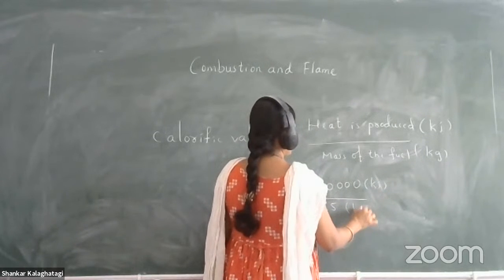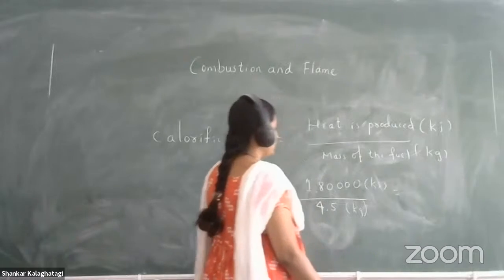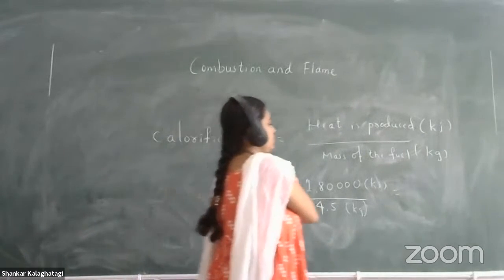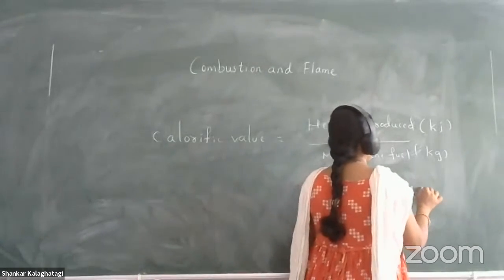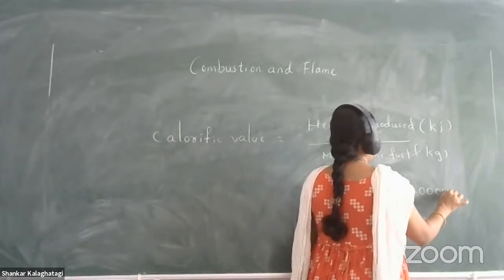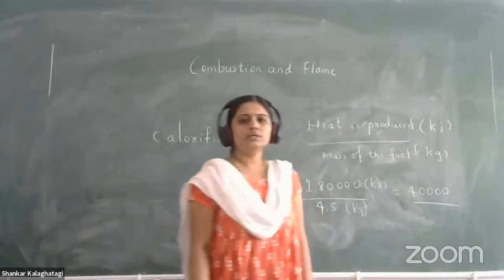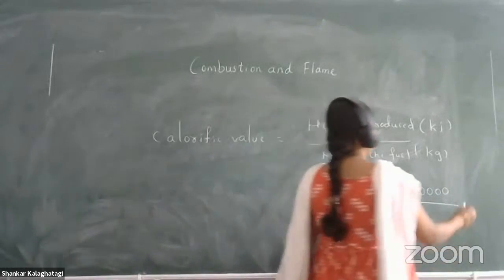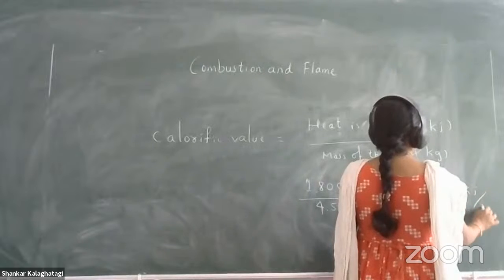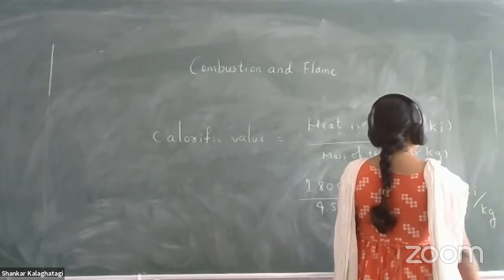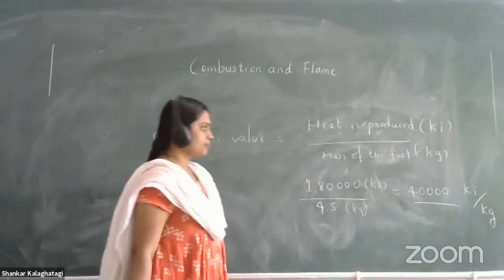So what answer do we get, students? 40,000. What we get is 40,000 kilojoule per kg. Kilojoule per kg is the answer.